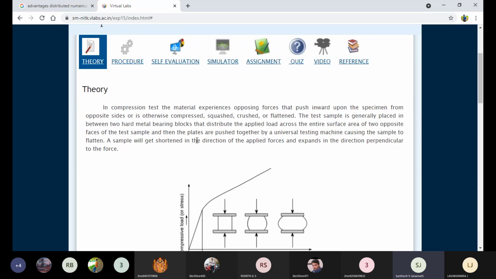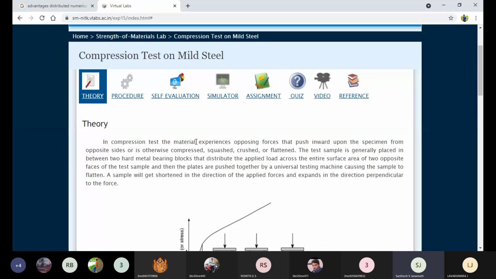Now today, I have come up with the compression test for mild steel material. You can also select cast iron materials as well as wood materials. Most commonly we take wood materials for conducting the compression test in our offline laboratory, in our classroom, because wood is also one of the important materials that has a vital role in industrial or mechanical applications.